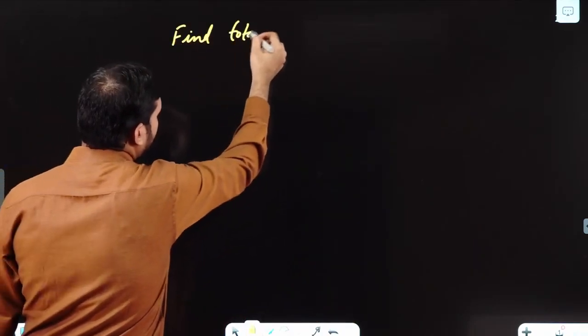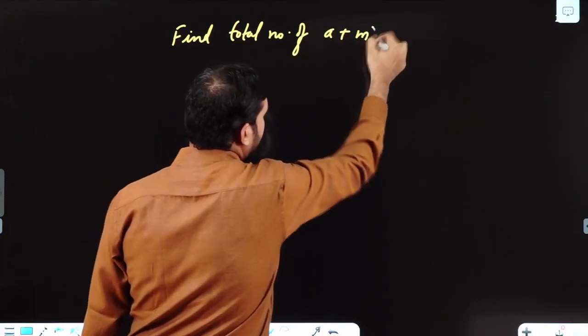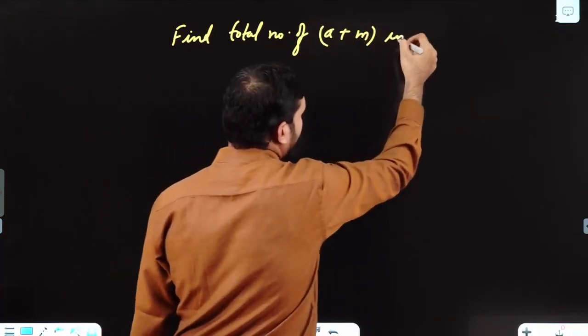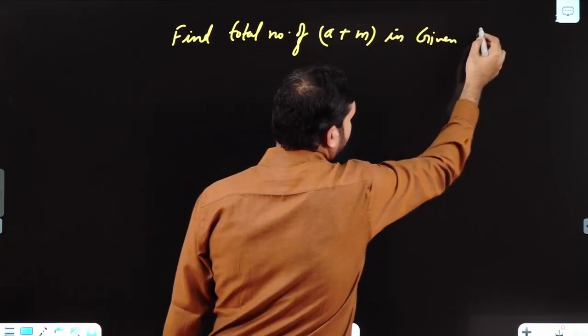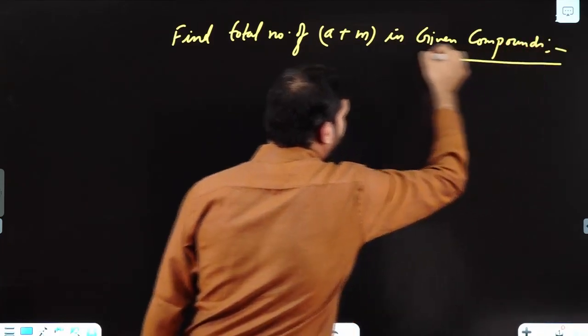Find total number of active plus meso in given compounds.